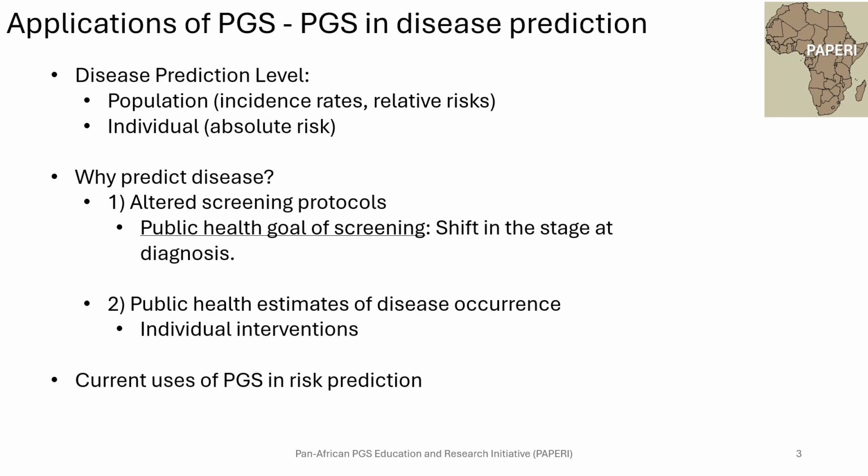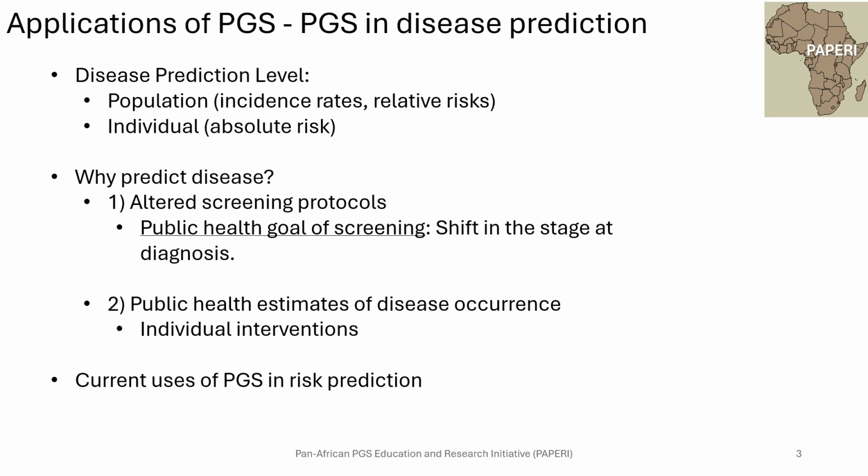So when thinking about this, it's important to ask the question why we want to even predict disease, right? What value does that have? And there's two main values to this.